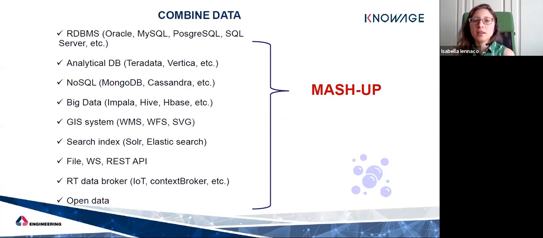So combining data coming from these kinds of data sources with data coming from NoSQL ones, for example Mongo, Cassandra, or from big data ones, so Impala, Hive, and so on.